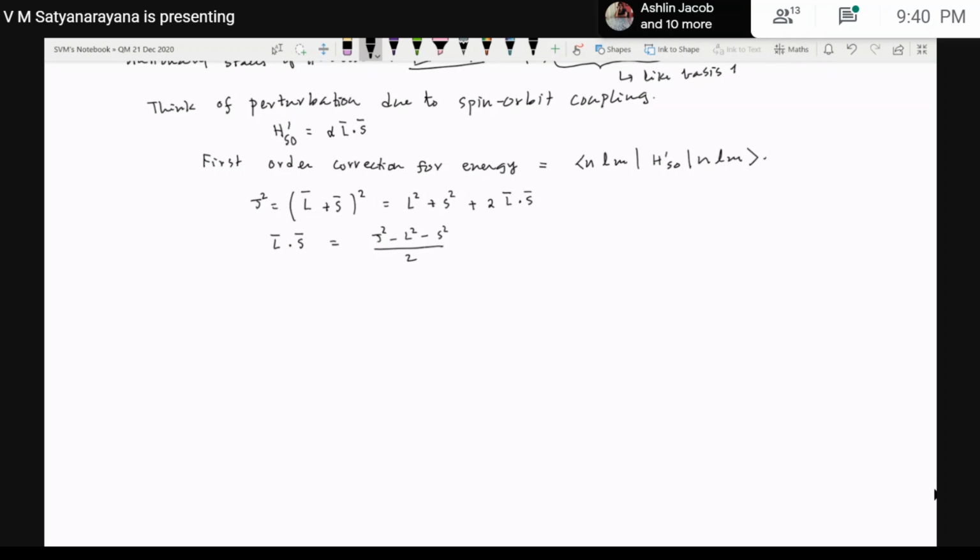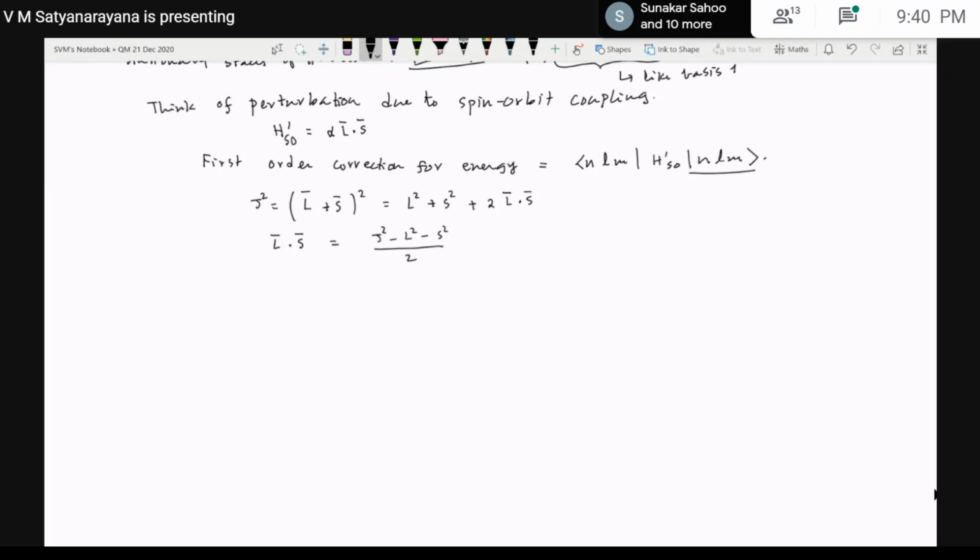Okay, now these n, l, m are eigenstates of L square and S square, but they are not eigenstates of J square. But if you have eigenstates of L square, S square, and J square, then that will be an eigenstate of L dot S. So if you write this n, l, m in terms of the eigenstates of J, you have to represent it using Clebsch Gordon coefficients.